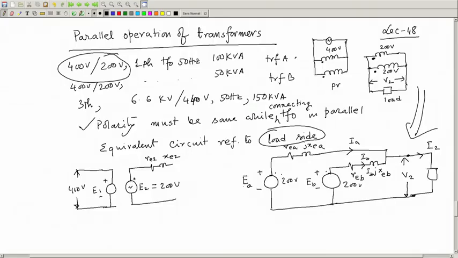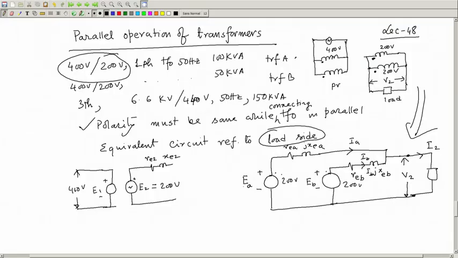In general, EA and EB may be slightly different, because after all these are two different transformers. Exact matching of the secondary voltages when the primary is energized with rated voltage is very much unlikely.